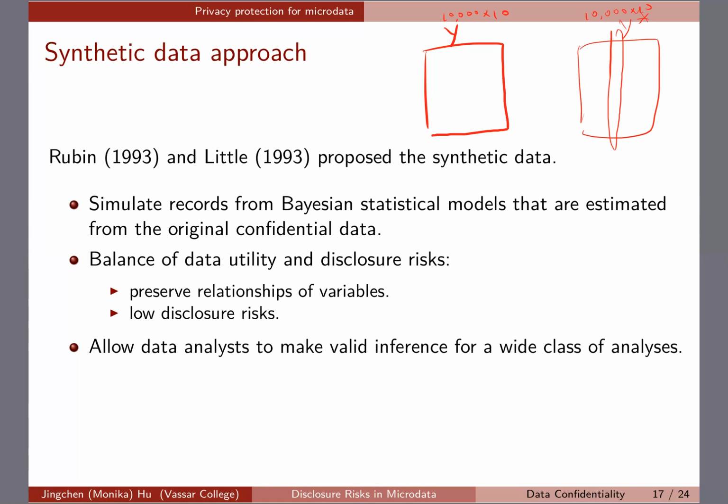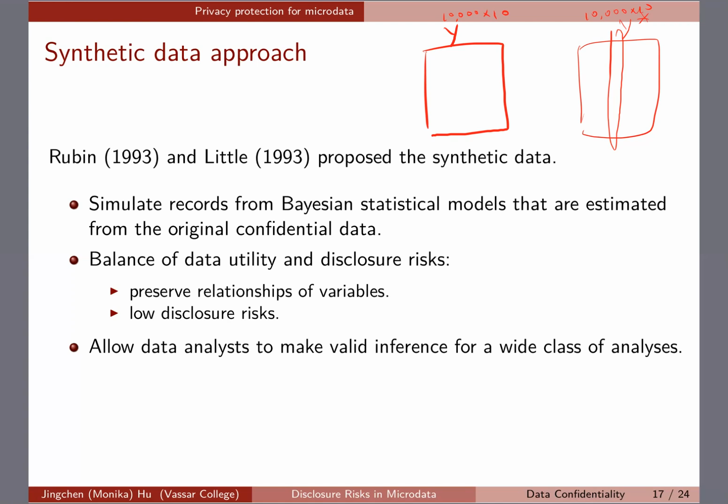Imagine when users have access to synthetic data like this, which has the exact same dimension as the original data. If they want to do a regression analysis of disability status given sex, race, marriage status, and WAOB, they will just run the regression on the synthetic data that we give them. Everybody is still working with the same setup, so they can do the same thing as what they did before.